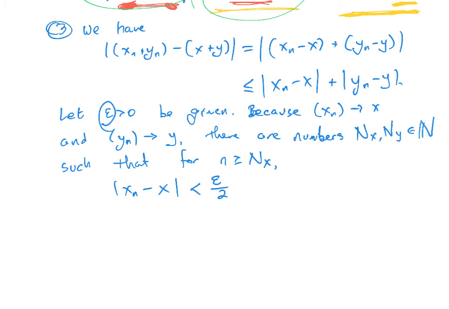And that's okay. I just go to the definition. The definition says, how close do you want to be? And I say epsilon over 2. It gives me a capital N, which I'm going to call capital Nx. I'm going to do the same with y, and I'm going to get a capital Ny.